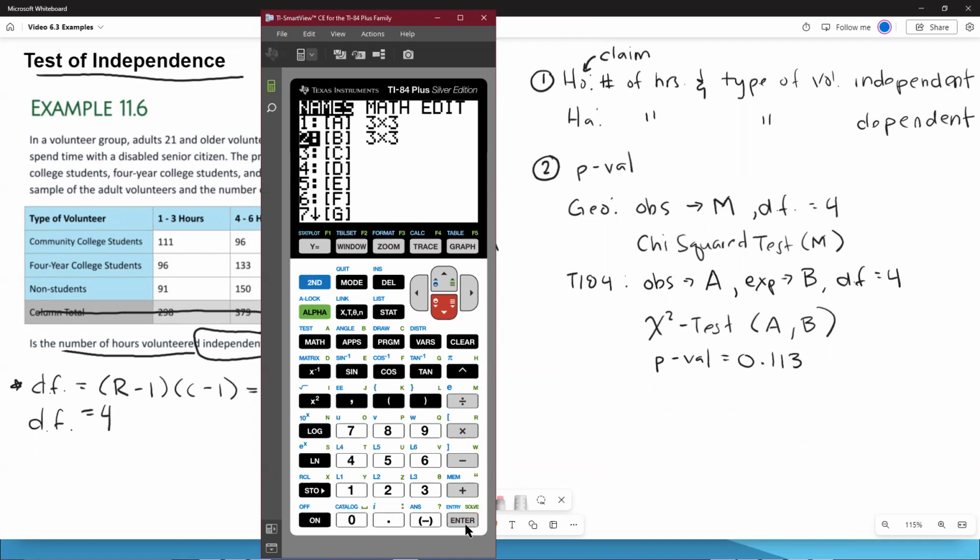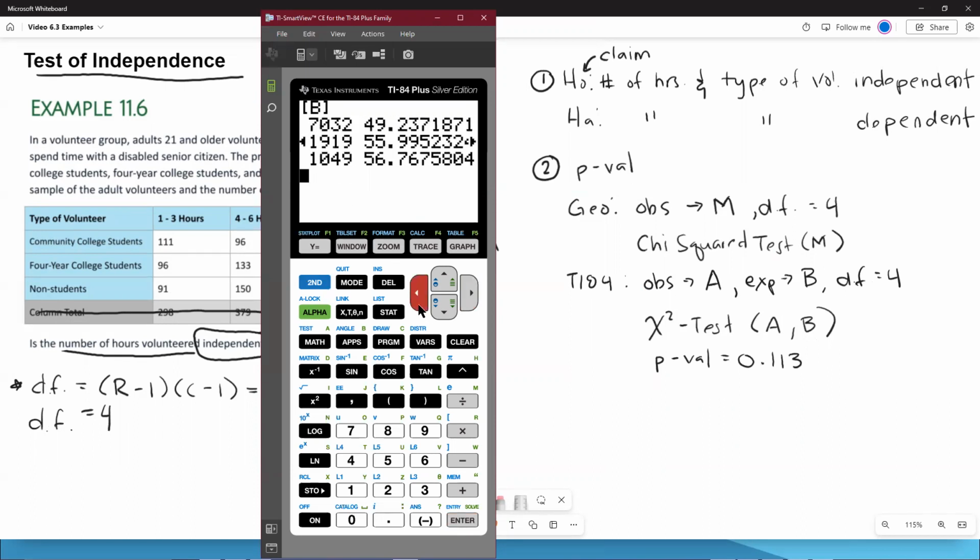I'm just going to go down to B and hit enter, and then enter again. And you can see that it spits out a matrix. So that first column is 90 point something, 103 point something, 104 point something. And you can scroll sideways to see the next few rows. So that calculator is really doing that in the background.